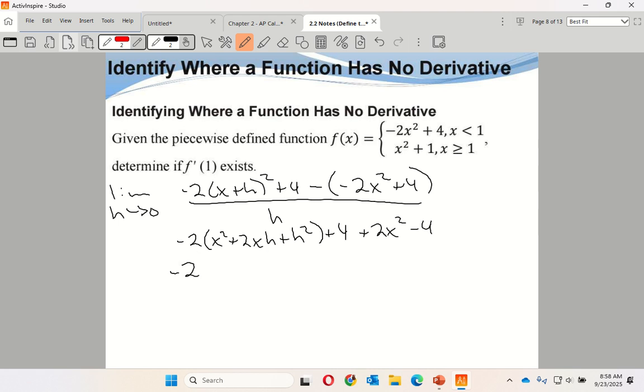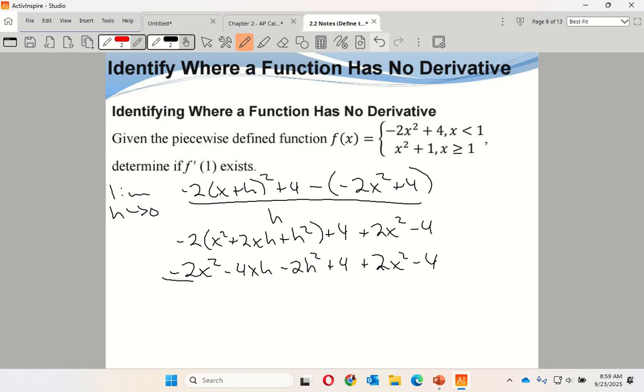So negative 2x squared minus 4xh minus 2h squared plus 4 plus 2x squared minus 4.